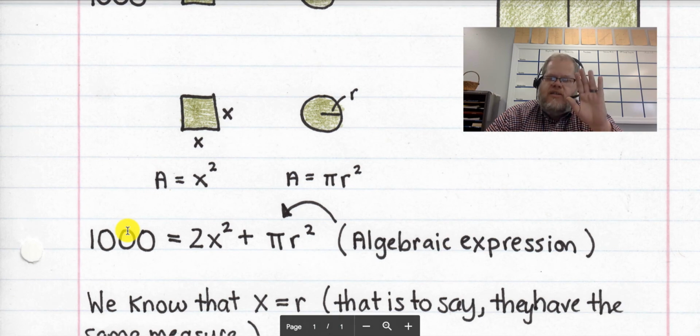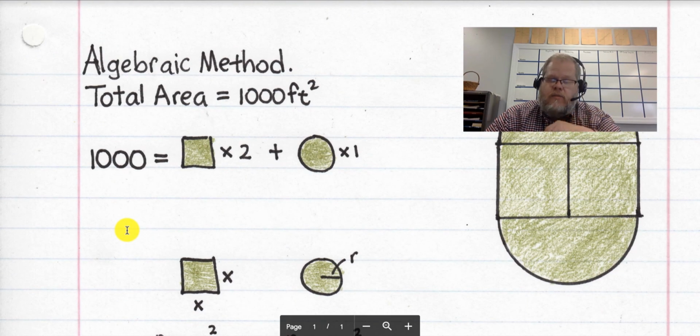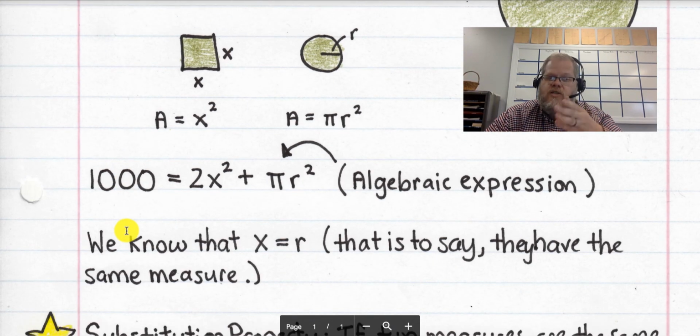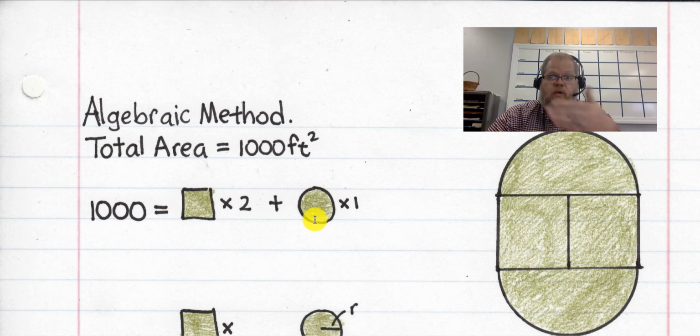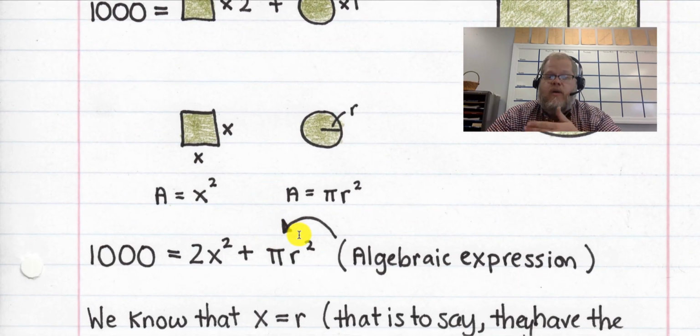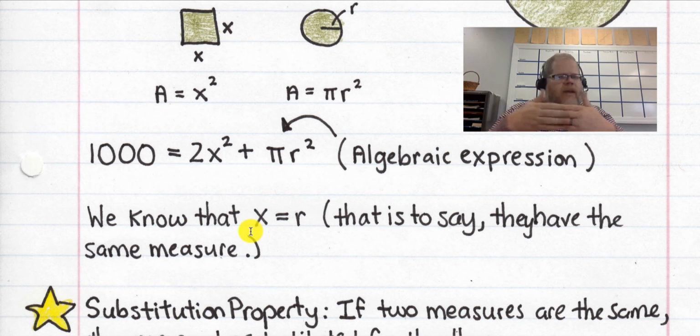So we replace the picture of the square times 2 with 2x squared, since 2x squared represents that. We replace the picture of one circle with the representation of pi r squared, and now we can begin to discuss all the things that they might have been learning in their mathematics classes.